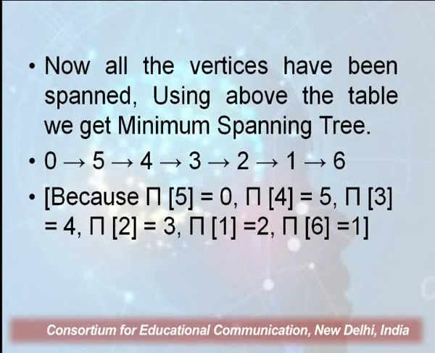Now we have seen that all the vertices have been spanned using the above table. All vertices have been taken care of and removed from the priority queue, and the procedure will no longer run because the priority queue is empty.